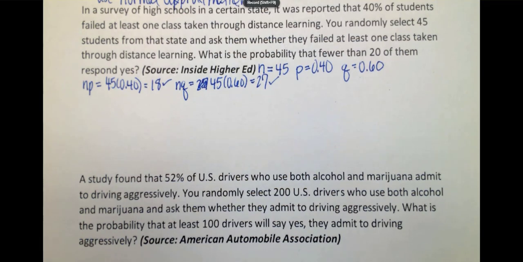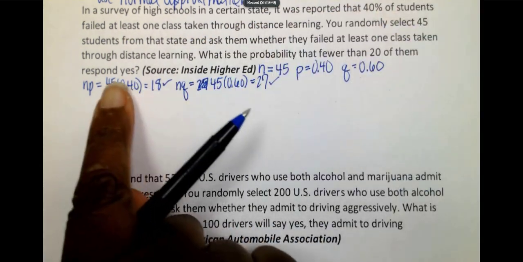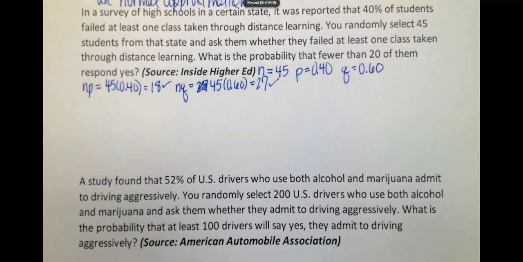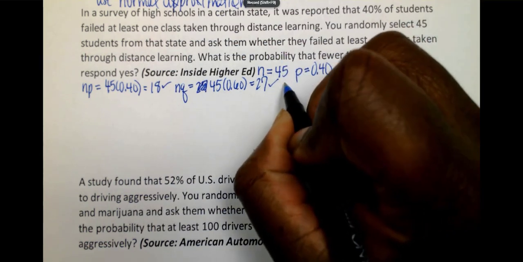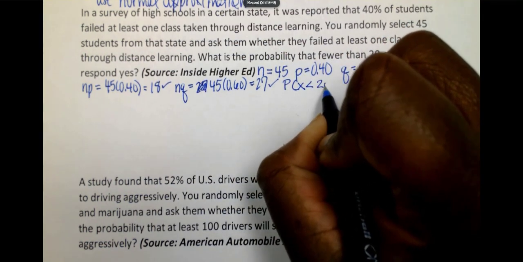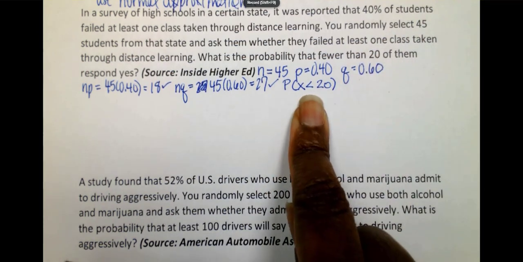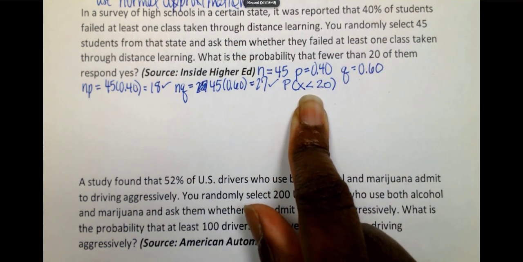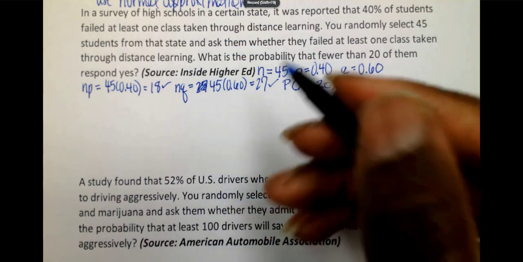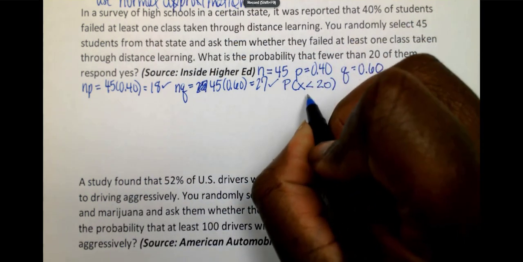Now to find our probability. So the probability that fewer than 20 of them respond yes. Fewer than 20. So does that include 20? Fewer than 20 is like 19, 18, 17, 16. So now I have to correct this.